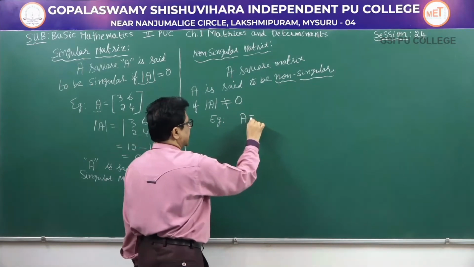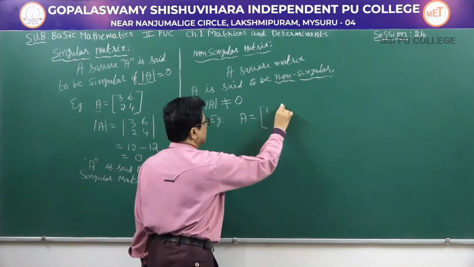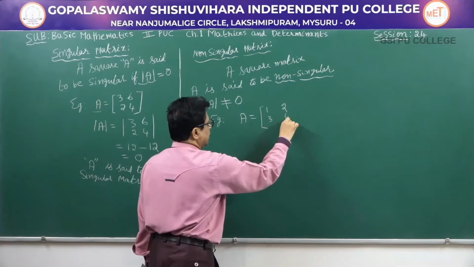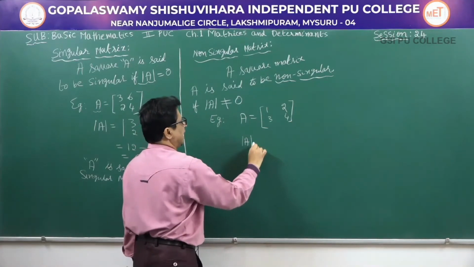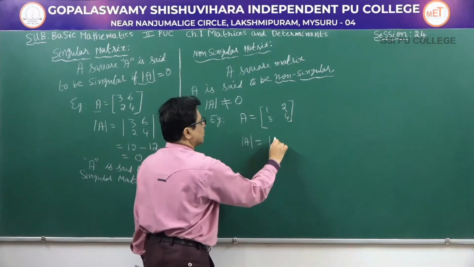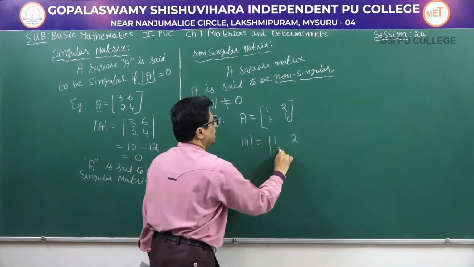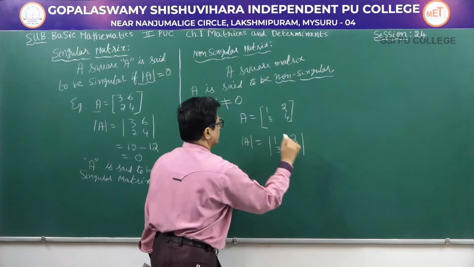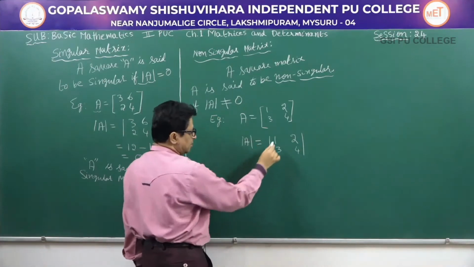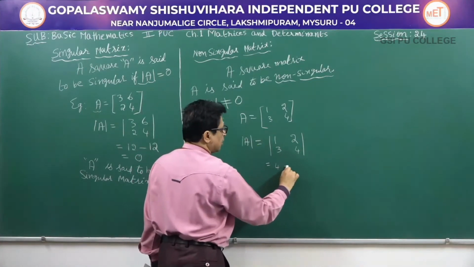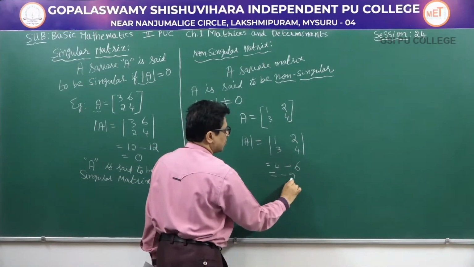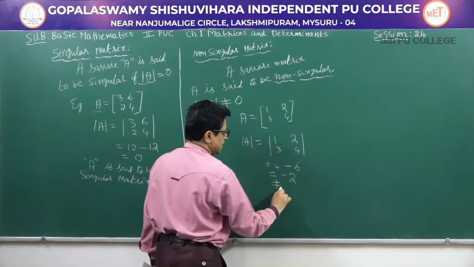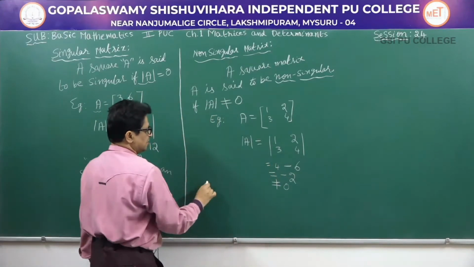Let A equals 1, 2, 3, 4. Let us find the determinant of the given matrix. So, determinant A is equal to determinant of 1, 2, 3, 4. So, that will be equal to 1 into 4, 4 minus 3 into 2, 6, which is equal to minus 2, which is not equal to 0.